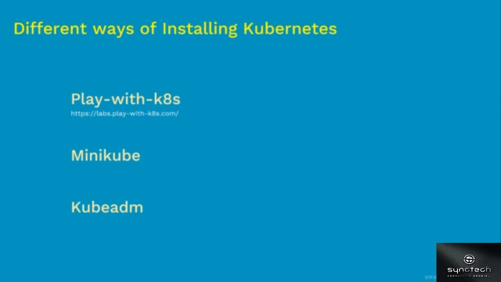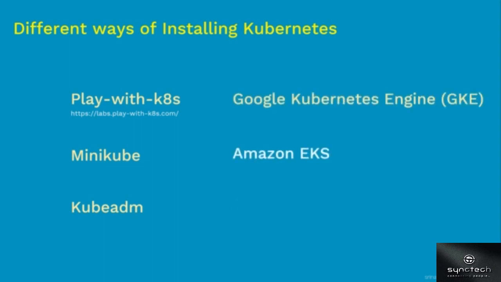Besides these three, there are three other popular cloud-based platforms which offer Kubernetes service on their platform. They are Google Kubernetes Engine, Amazon Elastic Container Service for Kubernetes, and Azure Kubernetes Service. What's common and cool with these cloud-based Kubernetes services is that all you need to define is how many nodes your cluster should have and the size of CPU and RAM each node should contain.